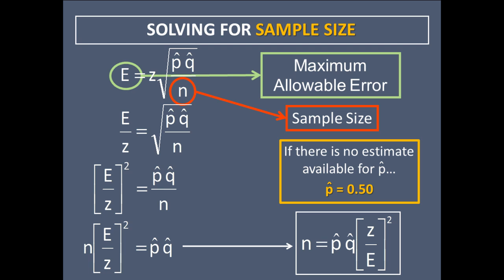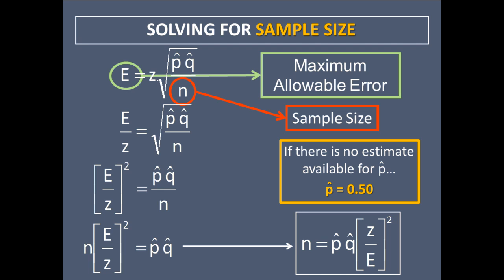If I take 0.1 for p hat times 0.9 for q hat, that would give me a value of 0.09. And if we keep checking values that we could plug in for p hat and q hat, what you'll see is that they'll keep getting bigger. So as our p hat value increases from 0.1, 0.2, 0.3, 0.4, so will the value of p hat times q hat until we get to 0.5 times 0.5.